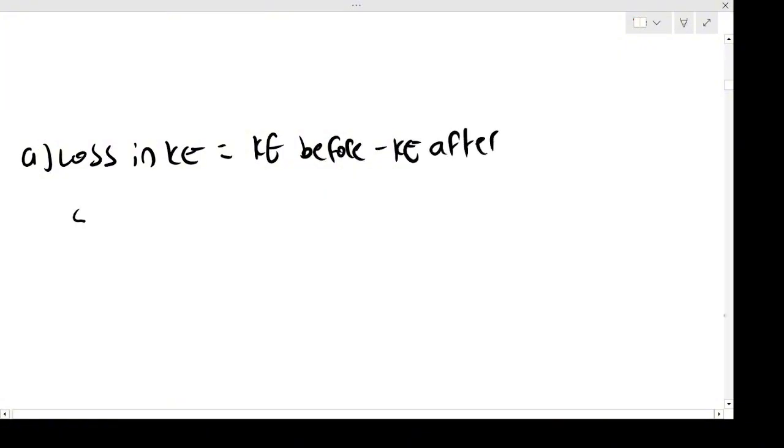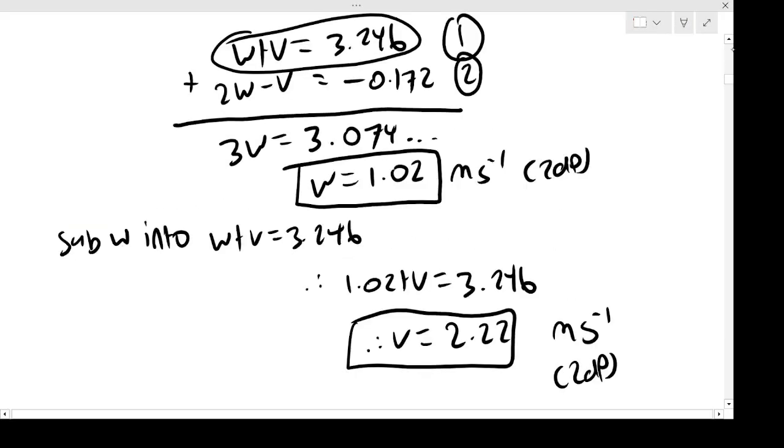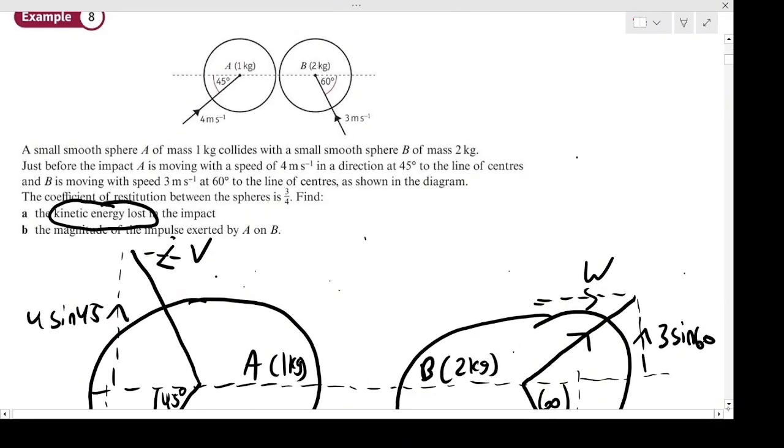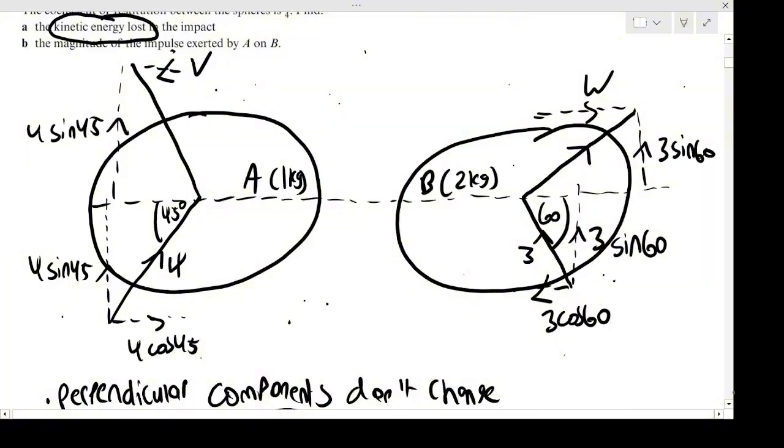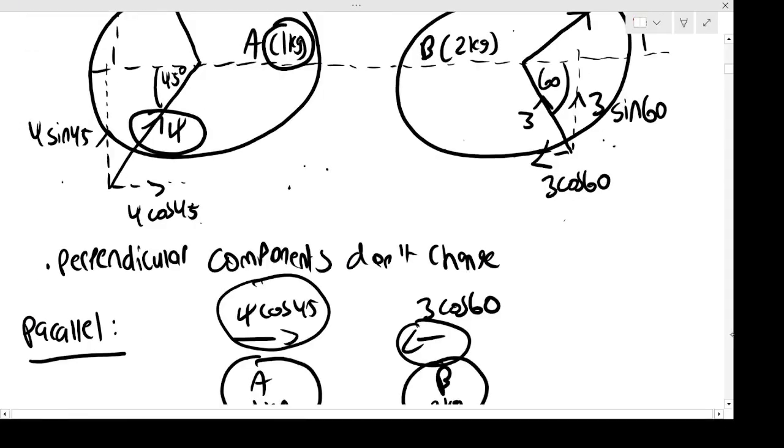So if we work this out individually, so the kinetic energy before the collision, firstly, and again, it's going to be very similar to 1D collisions. Now, before the collision, they've actually given me the speeds quite nicely. For A, originally the speed is 4. So the mass is 1. So for A, before, kinetic energy is half times 1 times 4 squared.